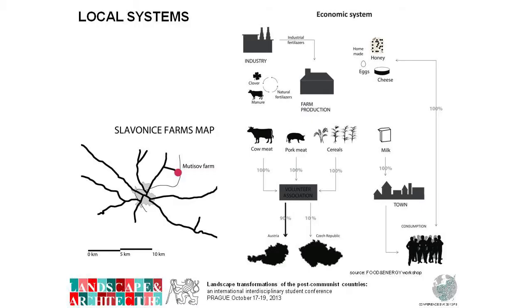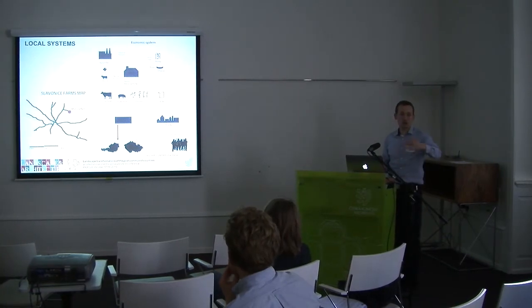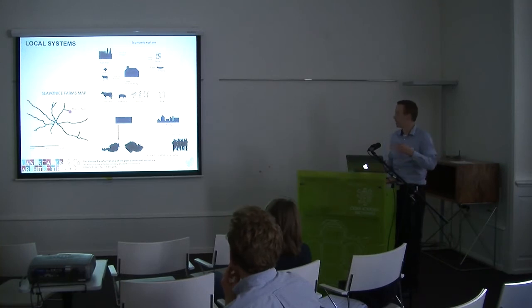This is just an example. You can see that the students were trying to figure out how the food is produced, where it goes, how it's consumed, and what kind of effects these paths have.